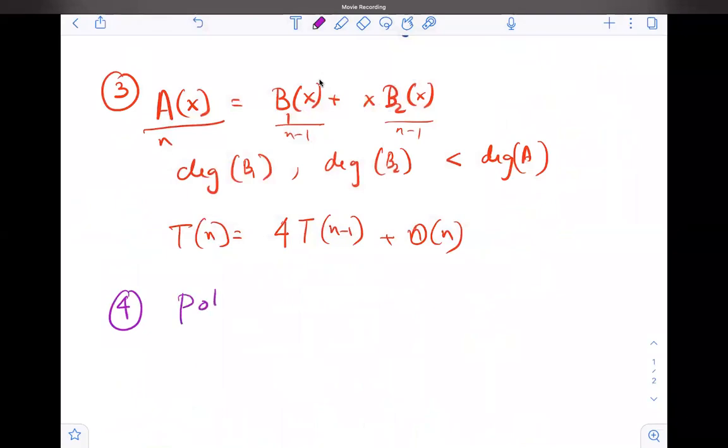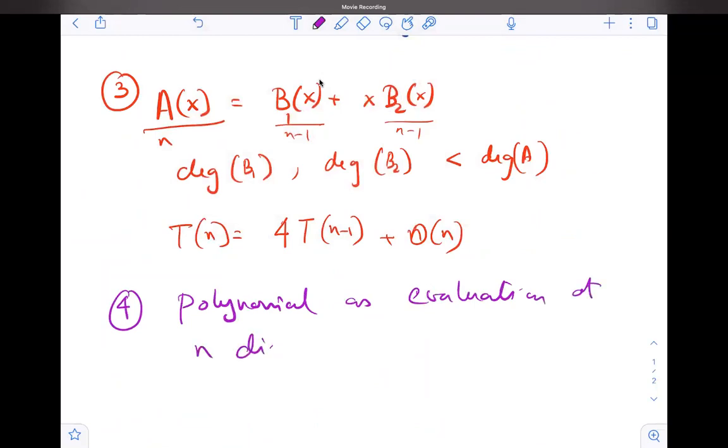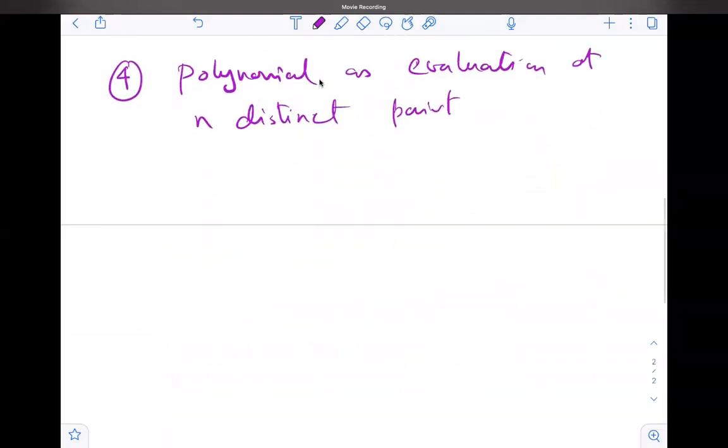So a polynomial as evaluations at n distinct points. If I have a polynomial p, let's write it out as a0 plus a1x plus a2x squared plus ... an x to the power n, right?